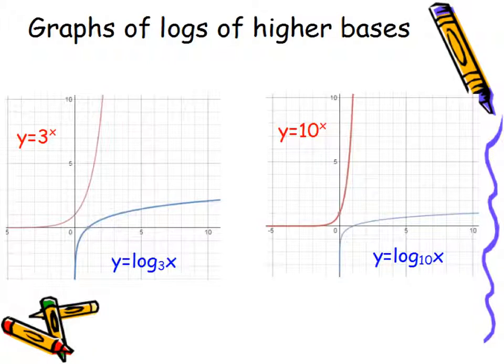Okay, so let's just look at some, because not all of them are base 2 once you change the base. So if you look at this, y equals 3 to the x. If I plug in a 1 for x, I get a 3 for y. There's my ordered pair. If I plug in a 2 for x, I get a 9.